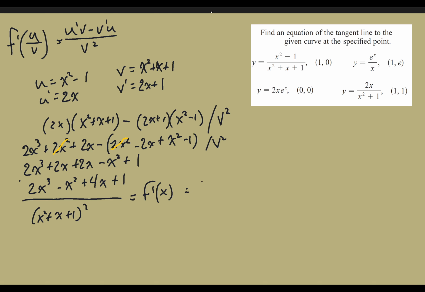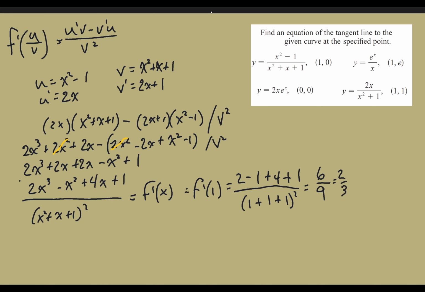Okay, so f prime of 1 is equal to 2 minus 1 plus 4 plus 1 over 1 plus 1 plus 1 squared. So let's put these together. 2 minus 1 is 1, plus 4 is 5, plus 1 is 6. Then we'll divide that by 1, 2, 3 squared is 9, so our answer is going to be 2/3 for the slope.